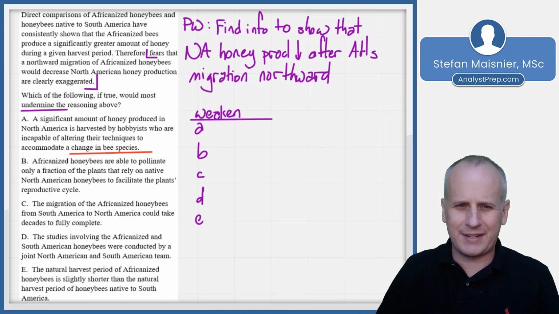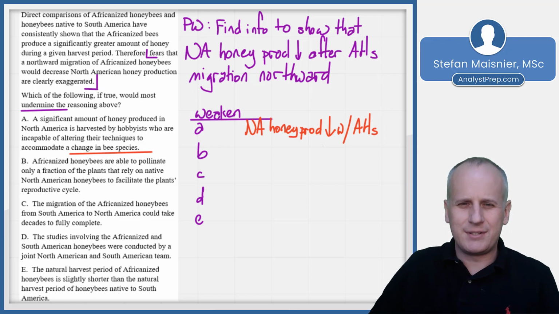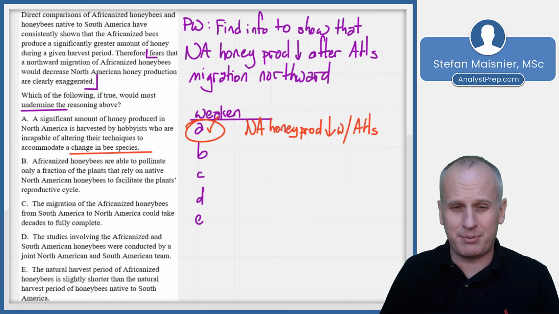So if they can't alter their technique, they seemingly won't be able to produce the honey. And so this basically is showing that the NA honey production goes down with the AHs because that's a switch. So we get that as a real nice match to our prediction, even though it's a broad prediction.